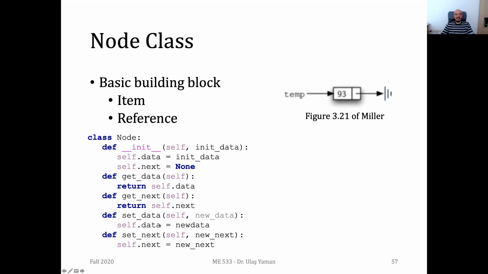And this data is directly assigned to the data variable of our node object. And then we need to assign the next value, the address of the next value, and this is done with the set next operation. Once you give the address, it will be assigned to the next variable of our node object.